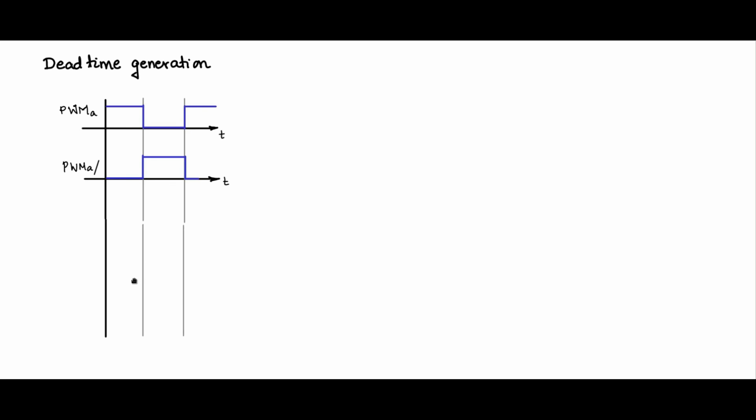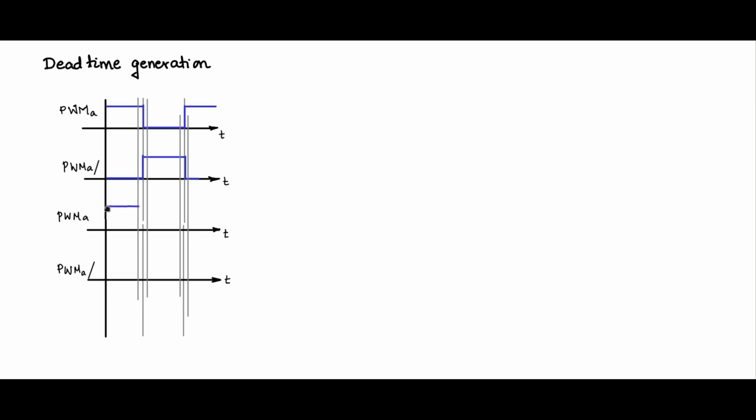And what is it that we expect? Let me make some space here. So what is the new PWM A and PWM A bar that it should look like? So let me create a dead band zone, and during this zone, both PWM A and PWM A bar should be low, which means both the associated switches Q1 and Q2 should be off. So which means that PWM A should go low earlier and come up later in this fashion.